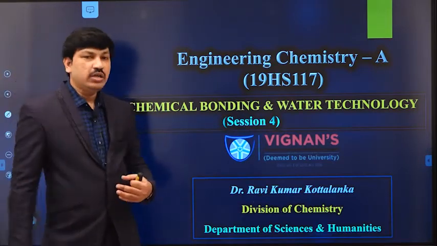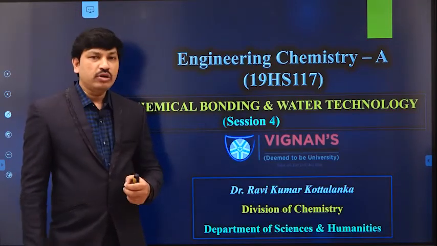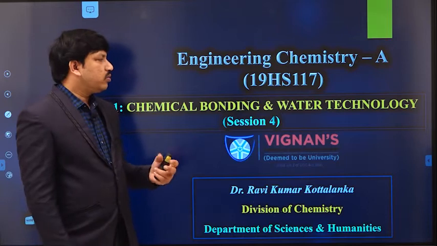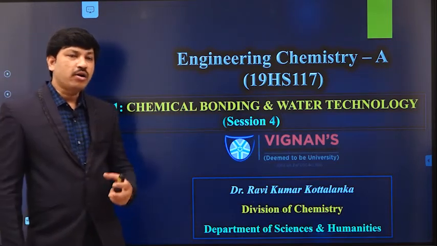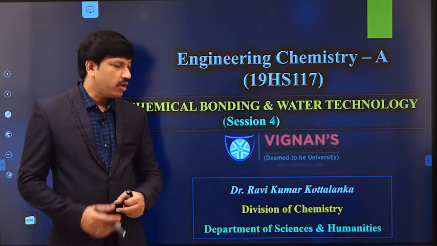Now today we will see the construction of MO energy level diagrams of the O2 molecule and the CO molecule. Then we will discuss the molecular orbital energy level diagrams of some of the octahedral metal complexes. Okay.